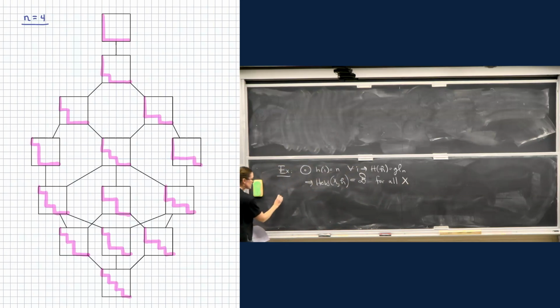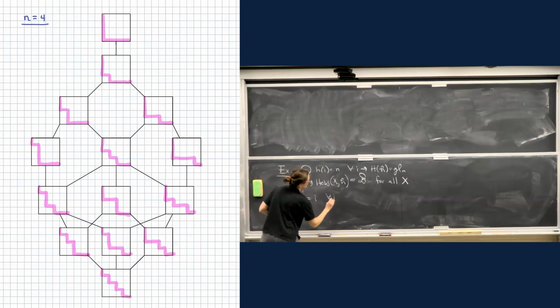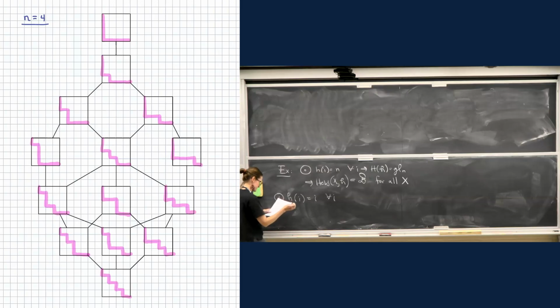Okay, so example: what about the opposite inclusion? You can think about the partially ordered Hessenberg functions. The thing at the bottom is h(i) equals i for all i. In this situation, what is the Hessenberg variety?